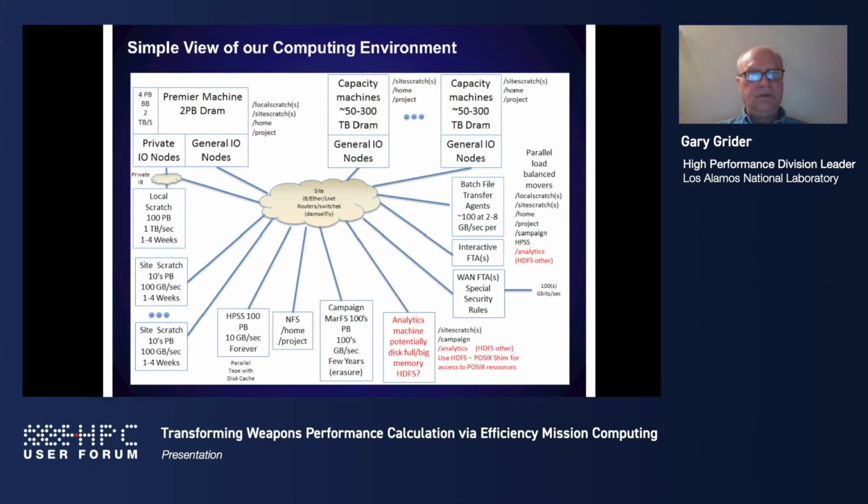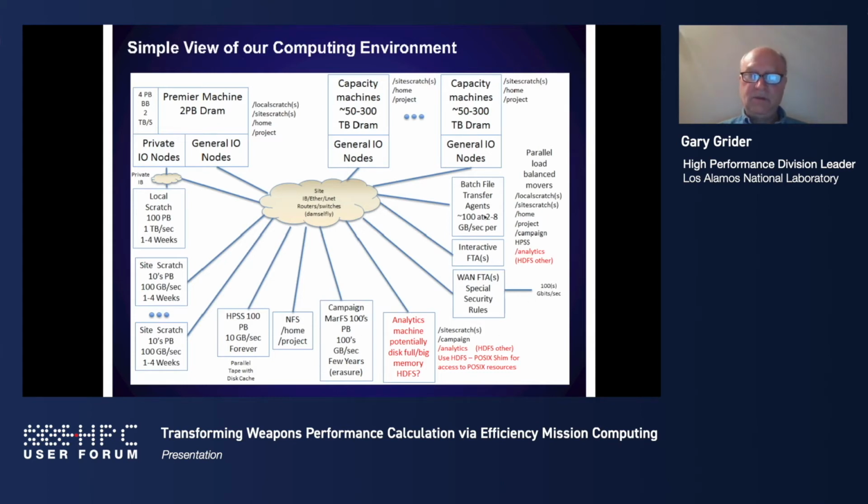So, a simple view of our computing environment. We have the premier machine up in the left-hand corner, very, very large. Usually it will have a fairly dedicated scratch file system associated with it. And then we have all these capacity machines that you saw in the table on the last slide. All those machines are up here, and they share a common set of scratch file systems and other services, NFS and Archive and Campaign and the like.